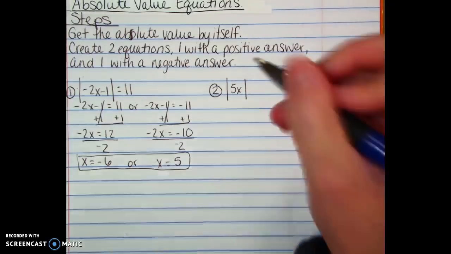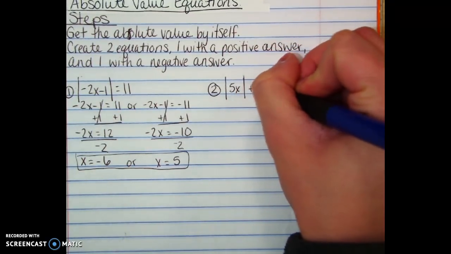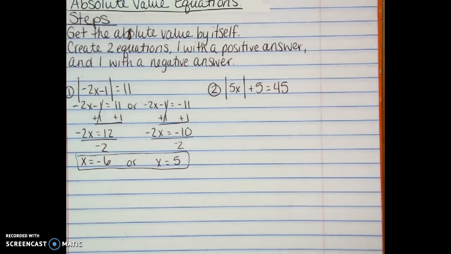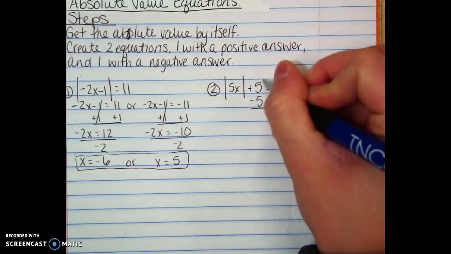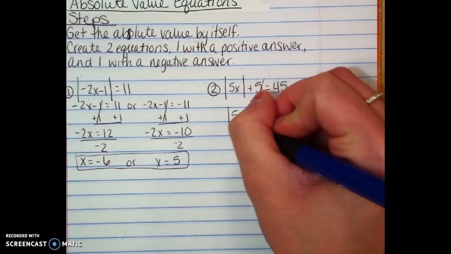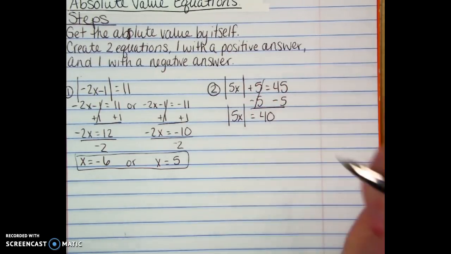So absolute value of 5x plus 5 equals 45. Okay, so to get the absolute value of 5x by itself, I need to get rid of that 5. So subtract 5. Absolute value of 5x equals 40.